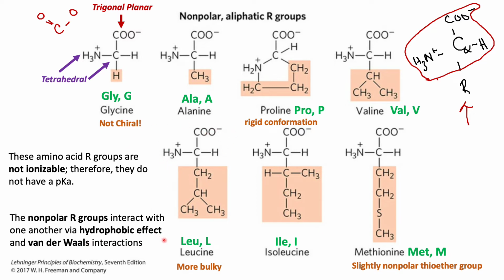That's the hydrophobic effect. The van der Waals interactions are when 2 nonpolar molecules come in the close vicinity of one another due to their electrons spinning rapidly around their nucleus, creating permanent or transient dipoles. So these 7 amino acids are able to interact via hydrophobic effect and van der Waals interactions.